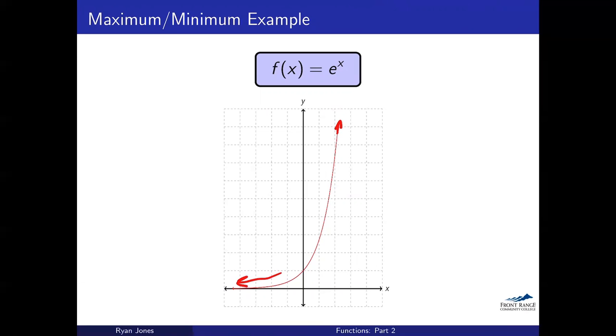So a lot of times when I ask what is the absolute minimum, a lot of people will say 0. And that's actually a problem, because the function never actually reaches 0. And so really what's going on here is I'm going down and down and down, but I never actually reach a smallest value. I keep going down forever, and I'm never quite approaching 0.